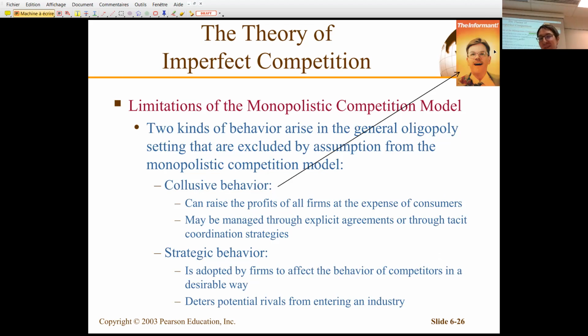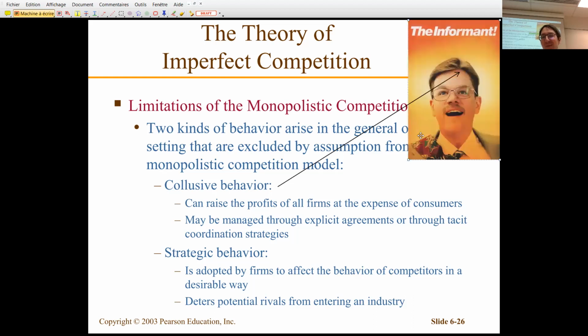Have you seen this movie there? It's one of the earlier Matt Damon movies. Well, Matt Damon, I hope you know who he is. So that's a fun little movie, The Informant, because colluding between firms is illegal because it's bad for competition.